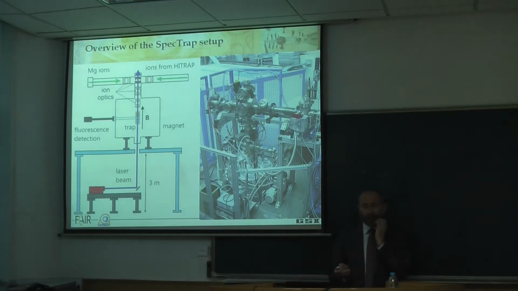And the reason that we are putting magnesium ions in is because we can do laser cooling with magnesium. The idea is that we would load into this trap both singly charged magnesium, which we can laser cool, and the highly charged ions, which are then sympathetically cooled by interacting with the magnesium.